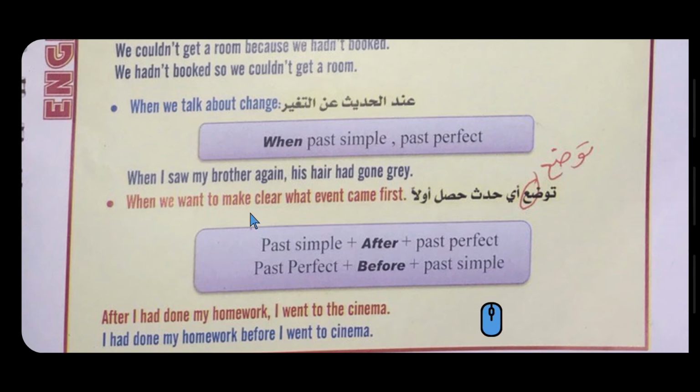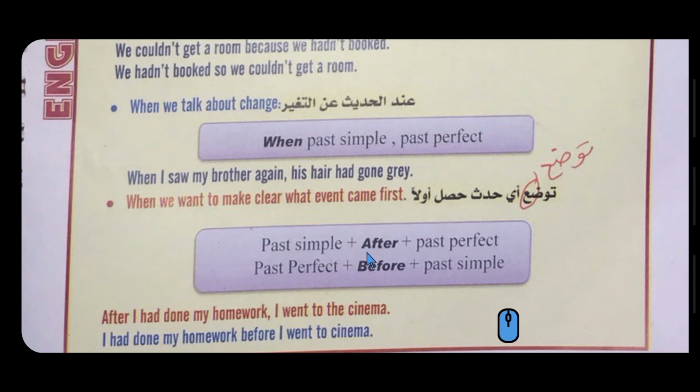When we talk about after and before, the conjunctions after and before, بعد وقبل, we want to make clear what event came first. هنا نوضح أي حدث حدث أولا. This is what we call the sequence of the verbs. تسلسل الزمني للأحداث. من الحدث الأقدم هو ال past perfect. من الأحدث هو ال past simple.